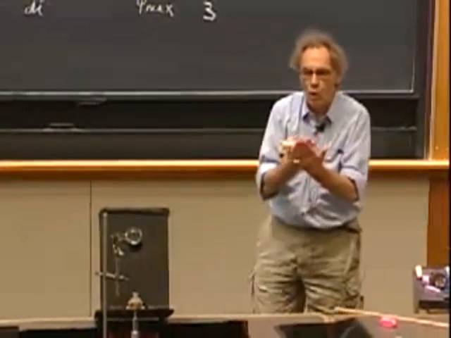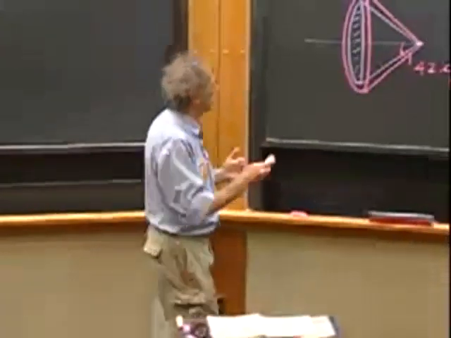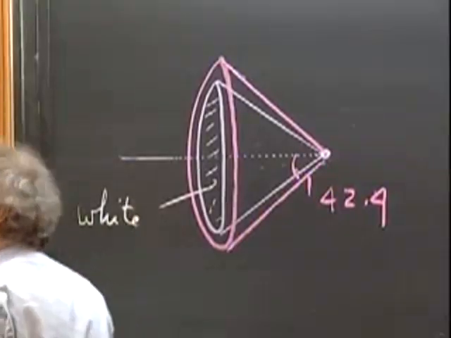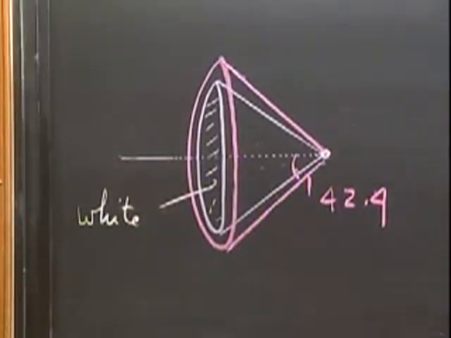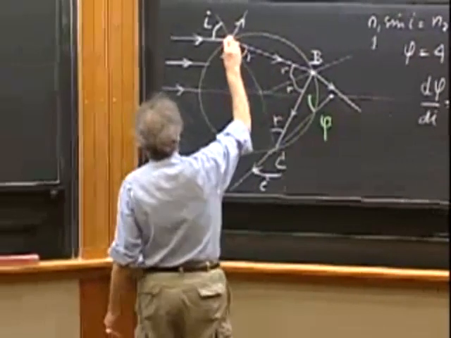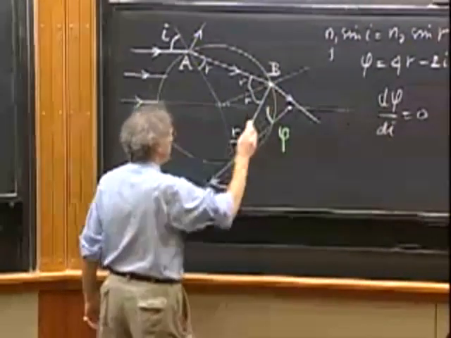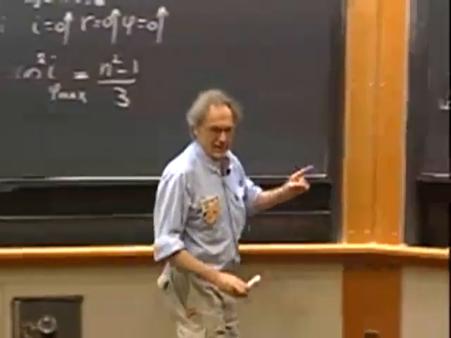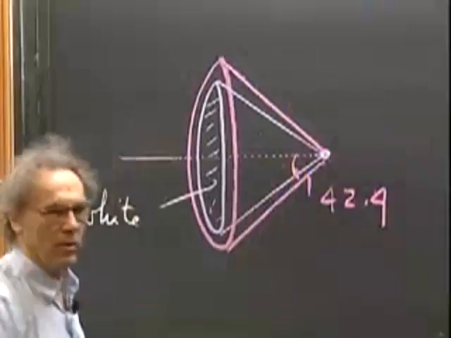Because where all colors overlap, your brains will tell you that it is white light. But if you only concentrate on this journey, refraction at A, reflection at B, and refraction at A, there is no light that can come out outside this cone.